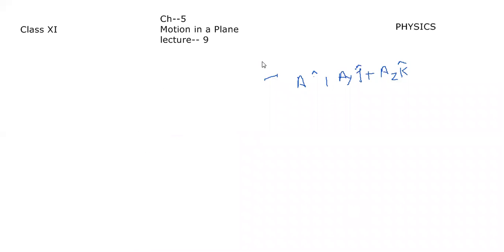So, if the vector A is in this direction, which makes an angle theta with the x-axis, and we want to resolve this vector into two axes, that is the x-axis and y-axis.